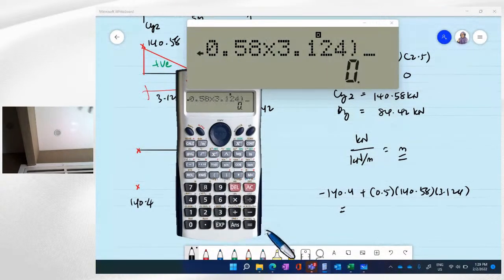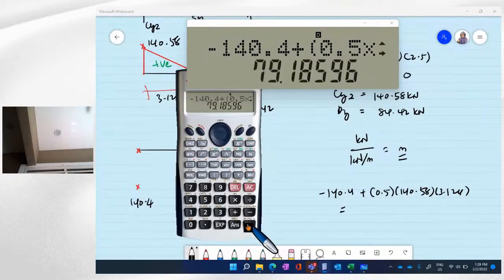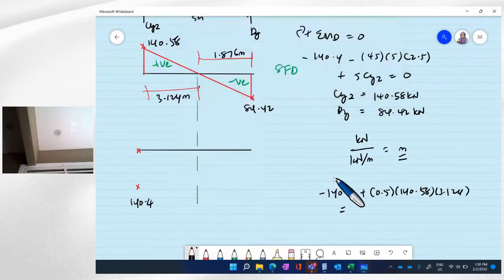So this will be the value, 79.186, about 79.2, and it is positive. So this is 79.2 kilonewton meter.